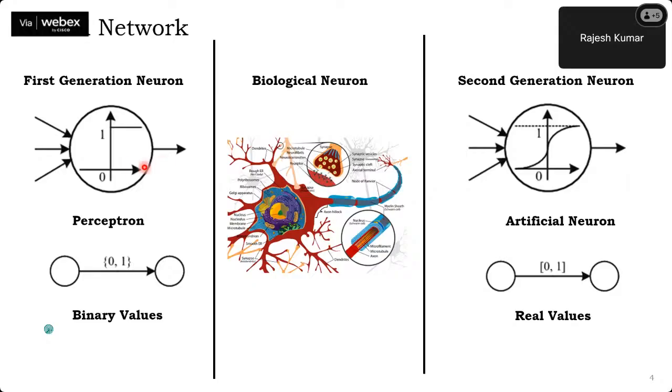In the first generation they mimicked this by a step function. If the sum of the signal is more than the threshold, then only the signal is forwarded, otherwise not forwarded. That is basically the first generation of the neuron, and we recognize this as a perceptron.